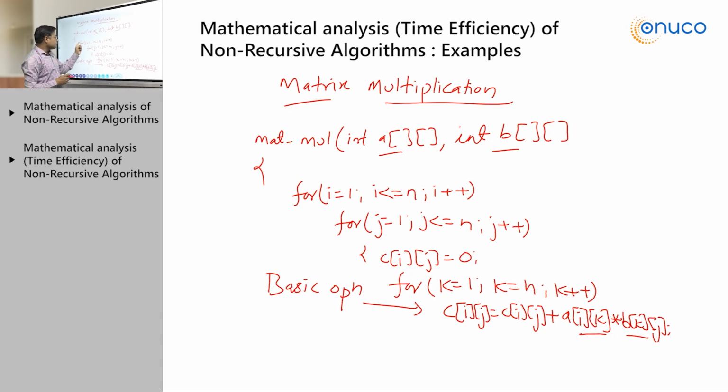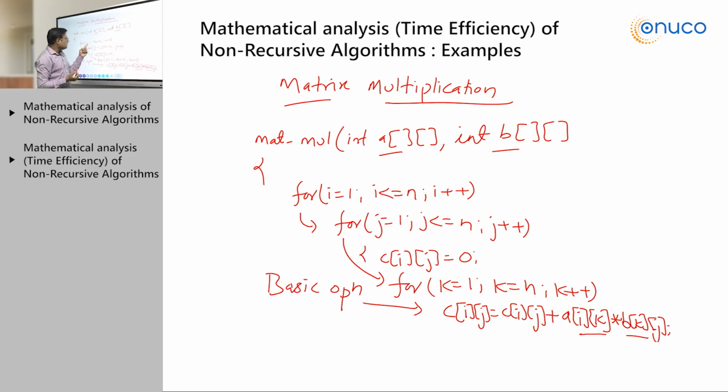Remember that summation expressions will be there for each for loop separately. And since it is a nested for loop, we have to write nested summation expressions. Which one are we going to solve first? First we are going to solve the last expression, then the j-th expression, then the i-th expression.